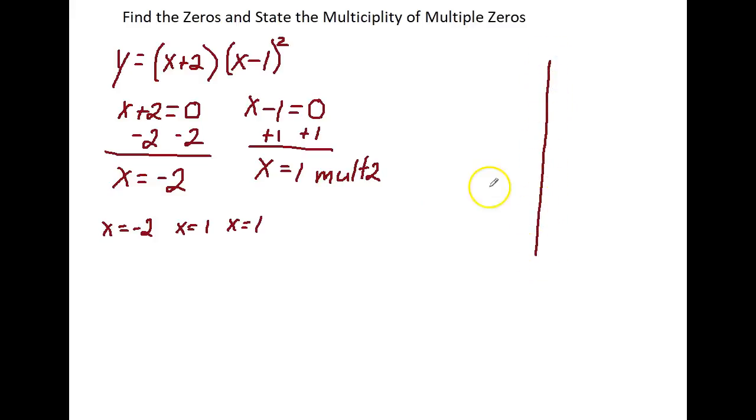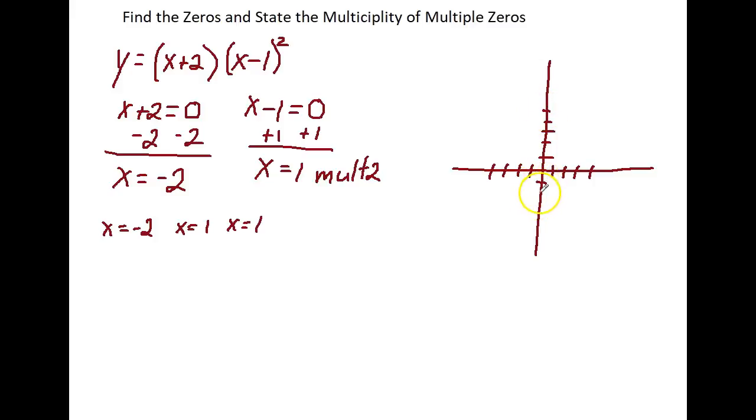Now, you know the zeros are the places where it crosses the graph, okay? Now, this is going to be a generic graph, so don't expect this to be an accurate graph. In fact, my lines probably aren't even anywhere near straight, but this is just to give you a visual of what this looks like.